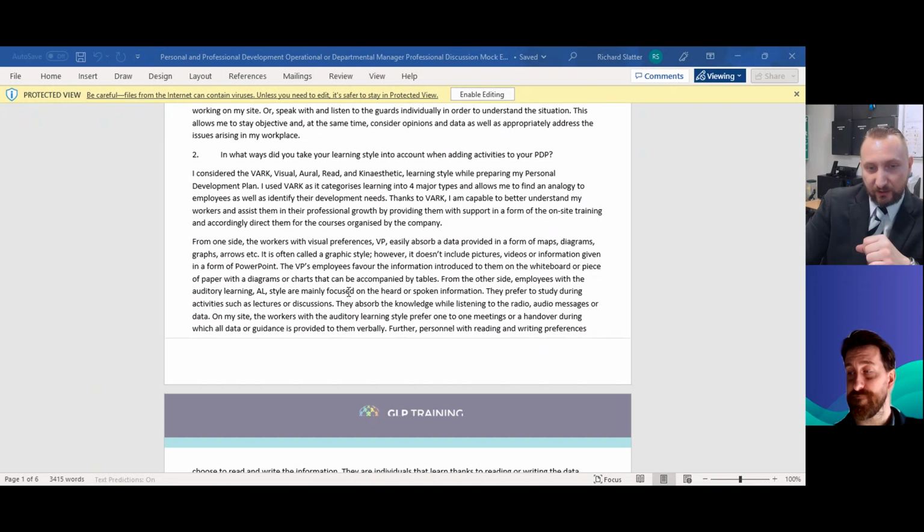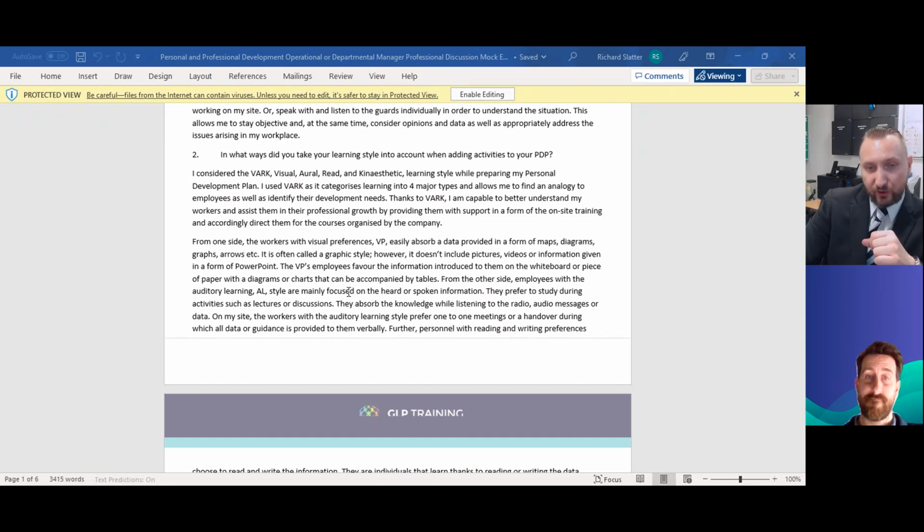From the other one, employees with the auditory learning style are mainly focused on the heard or spoken information. They prefer to study during activities such as lectures or discussions.